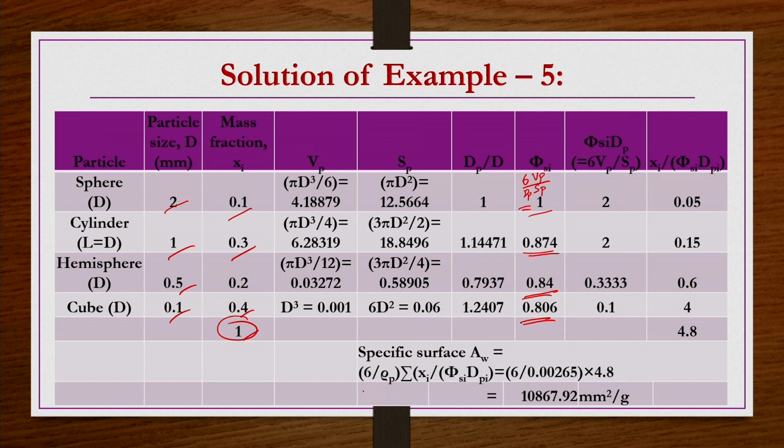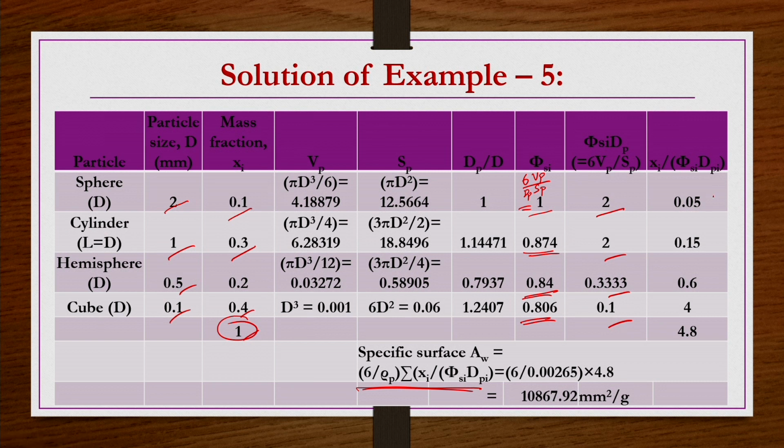The specific surface area here is 6 by rho p sigma xi by phi si dpi. Now, the sphericity is different from one particle increment to the other, so phi si comes into the summation. You have phi si dp, and you can get phi si dp as 6 Vp by Sp. So, you get these numbers.